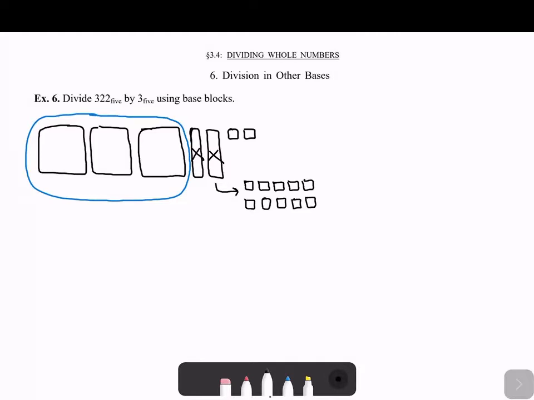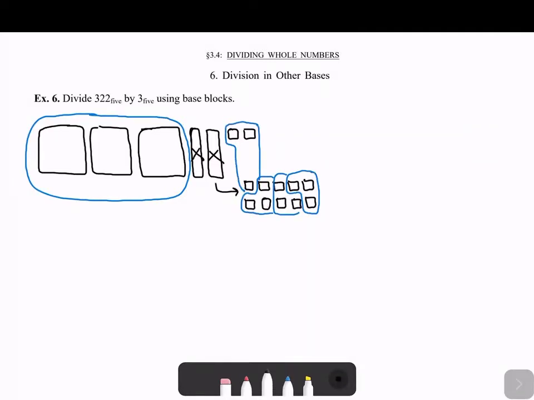Okay, so we broke up those longs into 10 units. So now we group the units into 3s. So I'm going to start by grouping these down here. And then we can pull in these 2 from up here to get our last group. So now we've grouped our units.